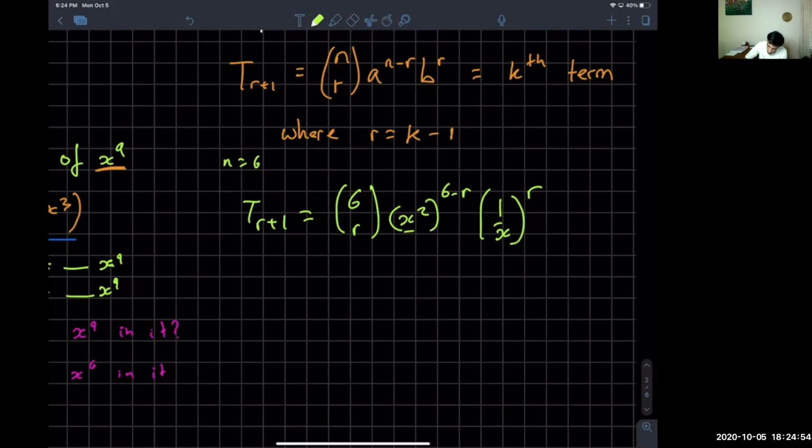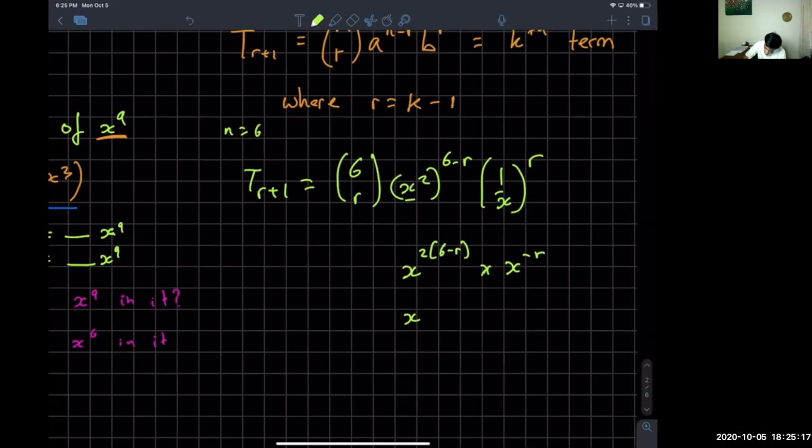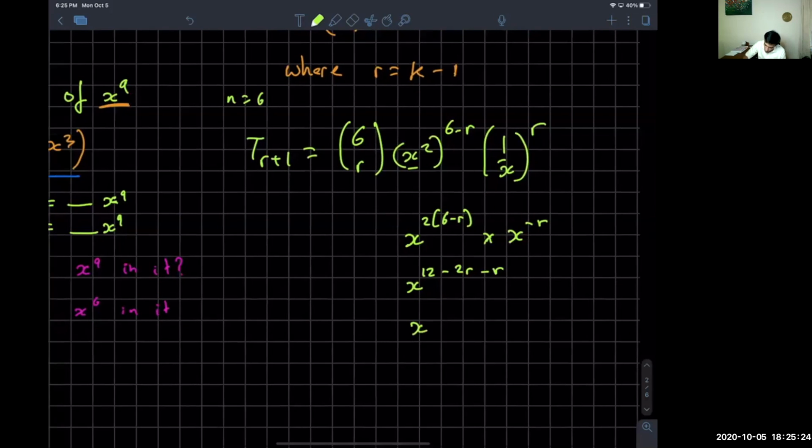If we ignore the coefficient for now and only work with the exponents, this becomes x to the power 2 times 6 minus r, multiplied by x to the power negative r. Simplifying further, this becomes x to the power 12 minus 2r minus r, so x to the power 12 minus 3r.